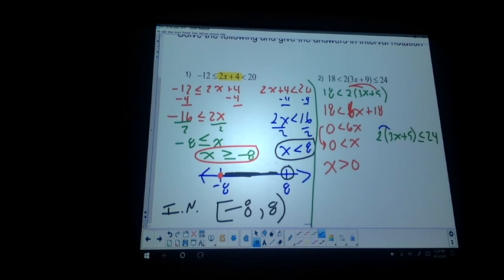Now this one, I'm going to do the same thing. Distribute. Subtract 18. Okay. Divide by 6. Is there anything up on those steps that you need extra guidance on?